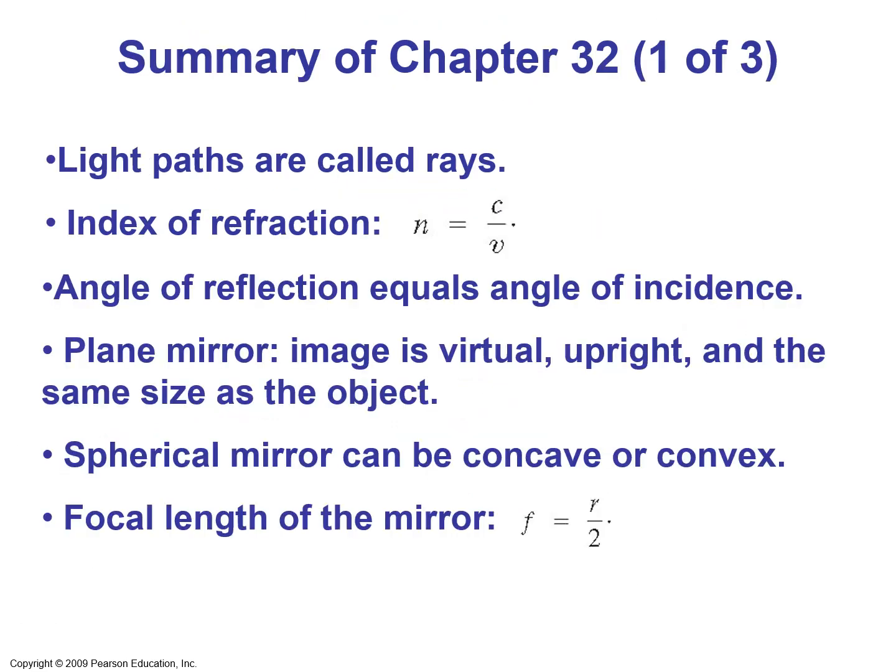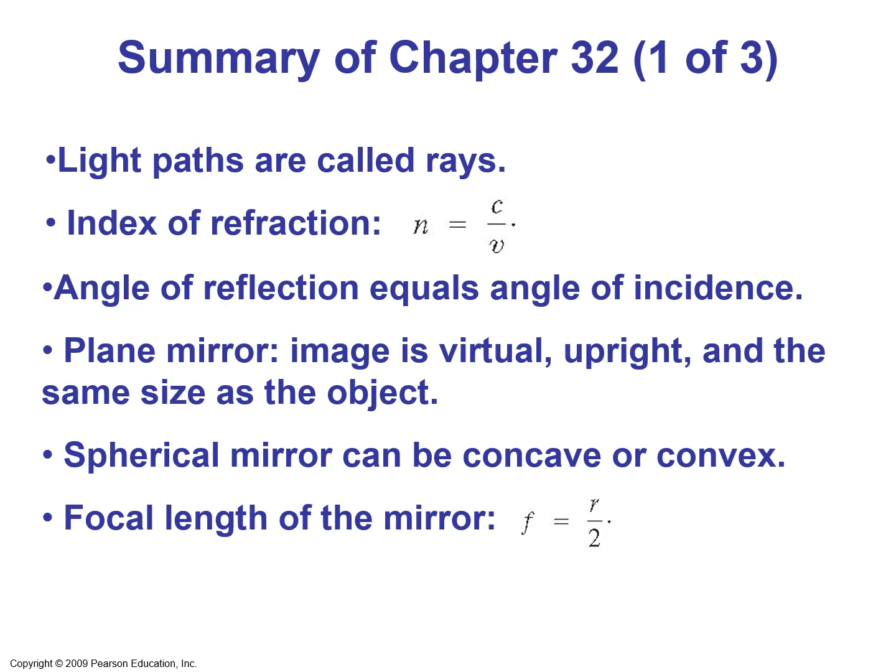Summary of Chapter 32. Light paths are called rays. Index of refraction is defined as the ratio between the speed of light in vacuum over the speed of light in the medium, c over v. Angle of reflection equals angle of incidence. In plane mirror, image is virtual, upright, and the same size as the object.